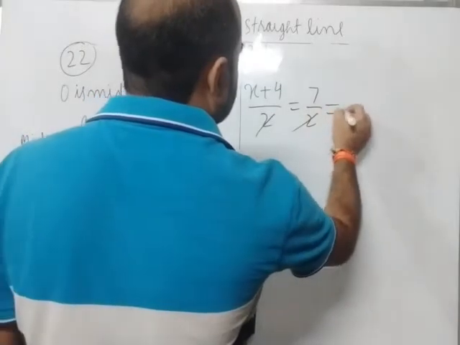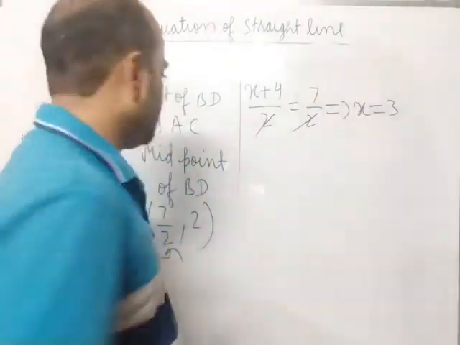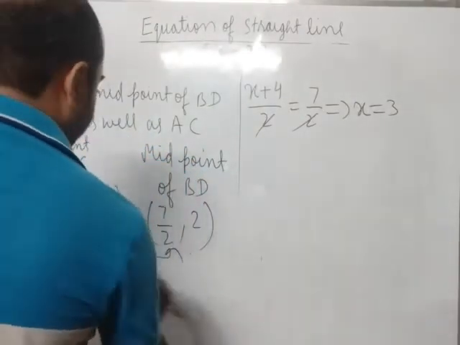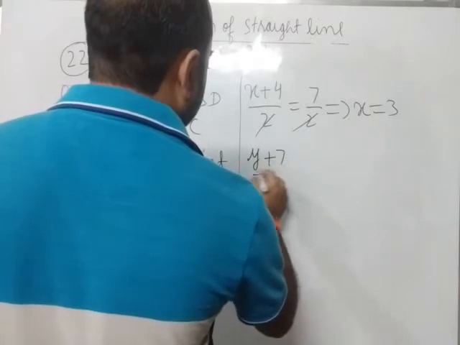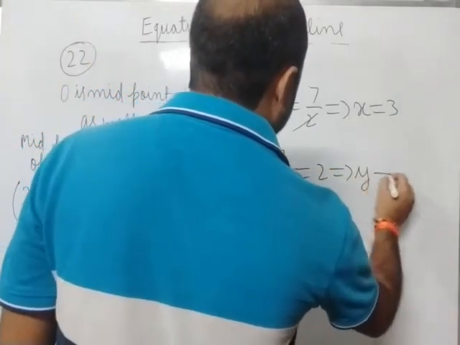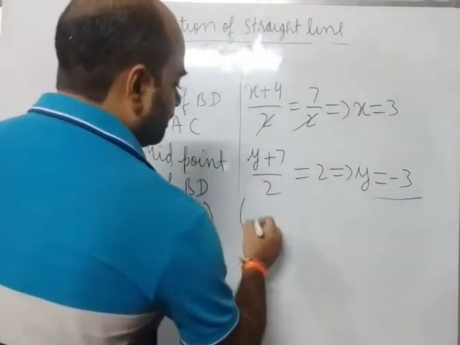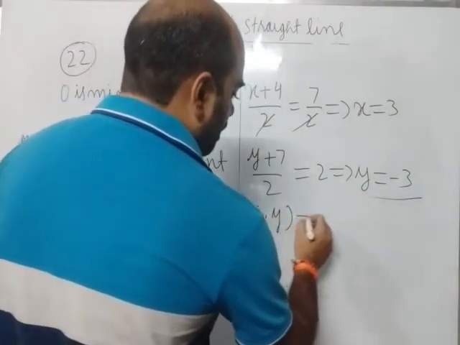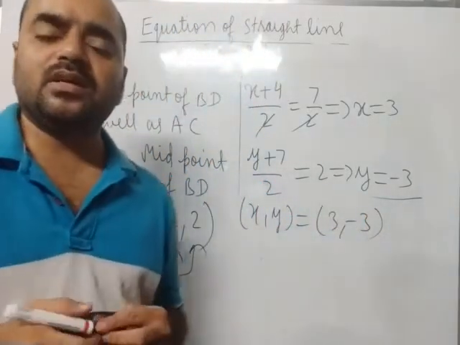It means x will be 3. Correct? Now equating the y coordinate: y plus 7 by 2 is equal to 2. It means y will be minus 3. It means x comma y are 3 comma minus 3.